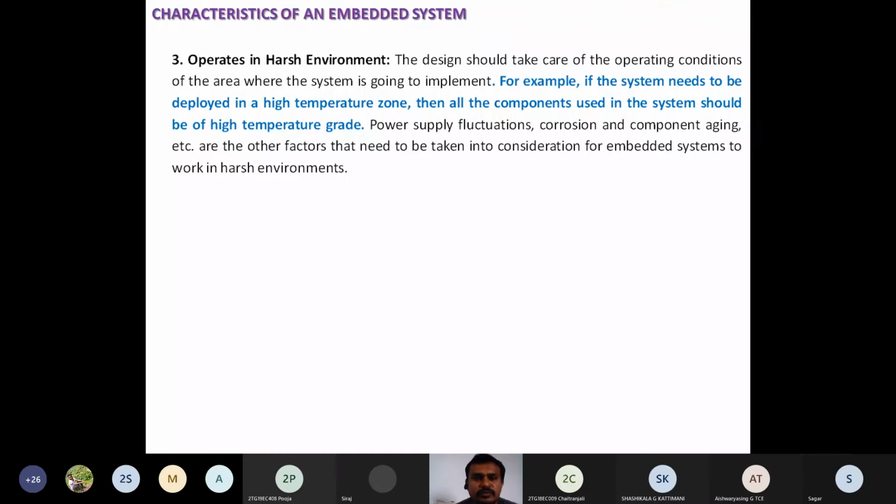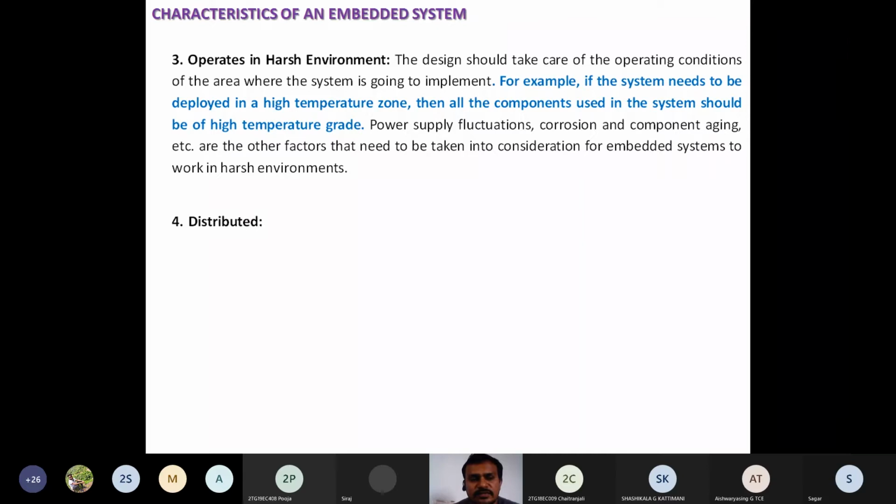So whatever component we are going to design will be kept in that environment, so the component should withstand those conditions: power supply fluctuations, corrosion, and component aging, meaning the component should be long durable, and other factors that need to be taken into consideration for an embedded system to work in a harsh environment.